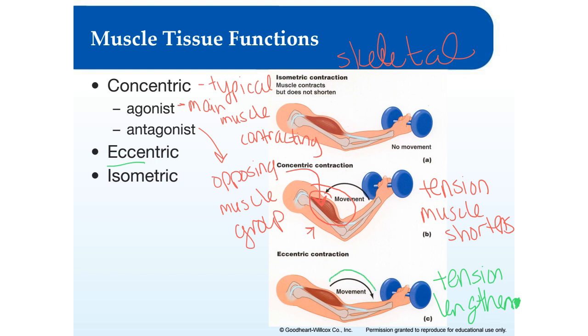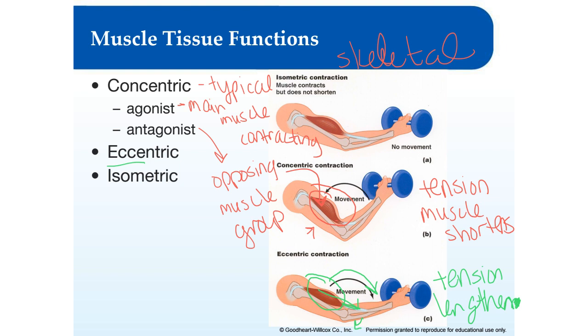When I am lowering the weight back down, this bicep is still exerting force or tension while it controls it, but now the muscle is lengthening as it produces that force or tension. The triceps is pulling on the forearm, helping control that movement and keep it nice and smooth and steady.